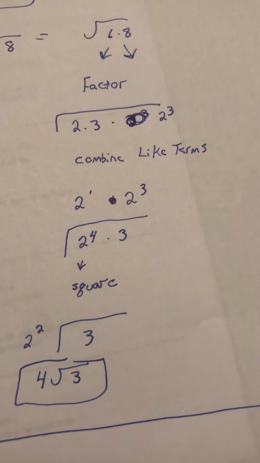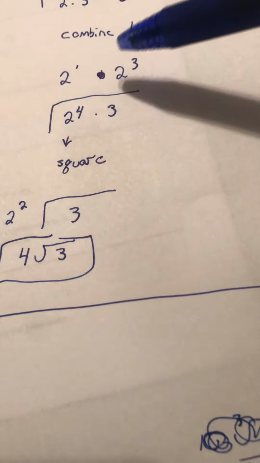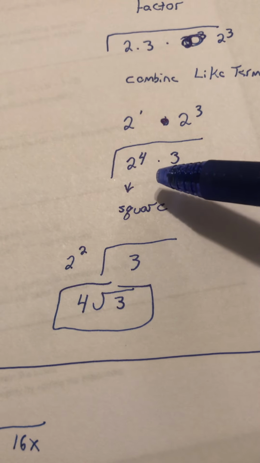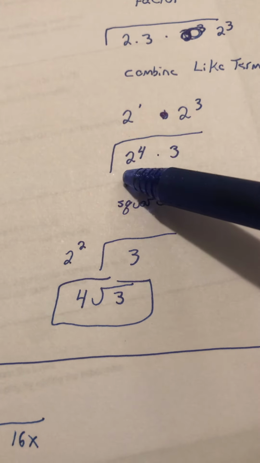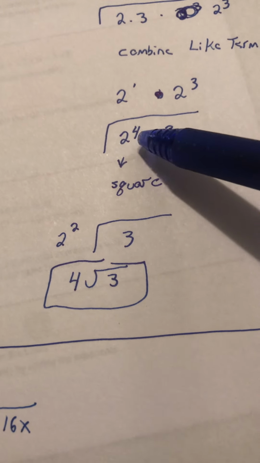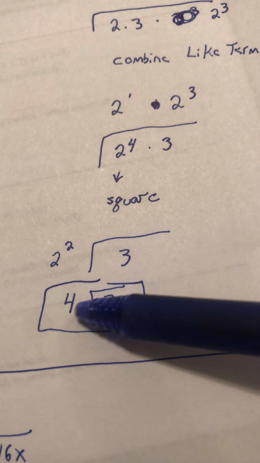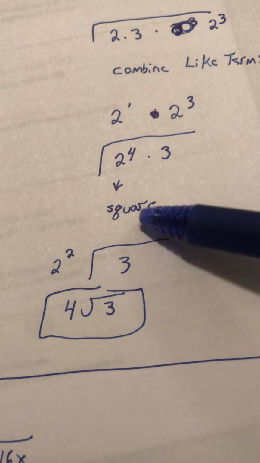I did that in order because now I can take the perfect square. So I can take the perfect square of 2 to the fourth, which, realistically, I think is going to be 64 if you did this. No, I think this is 16. I don't know why I said that. So I'm going to take the square root, bring it out, so you have the square root of 2 to the fourth.